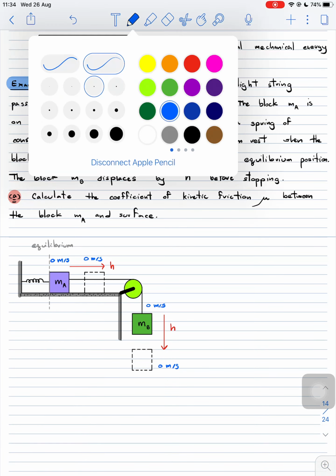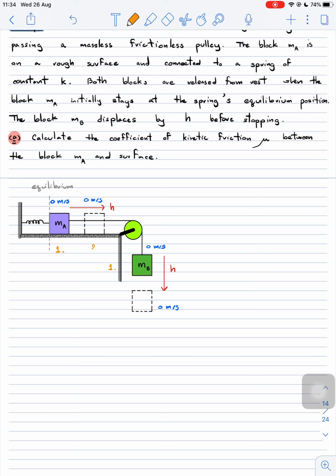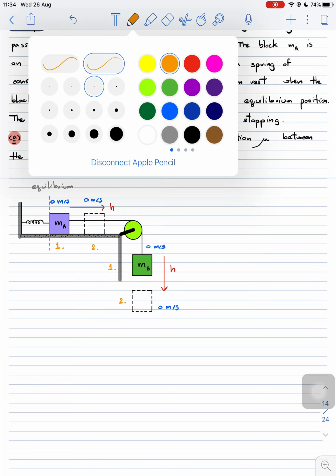So let's define this position to be the initial position, and let's define here to be the final position.